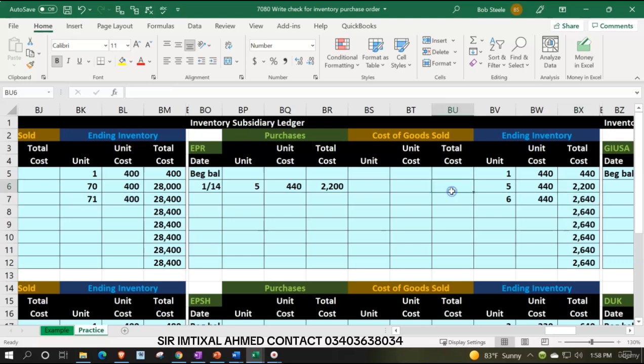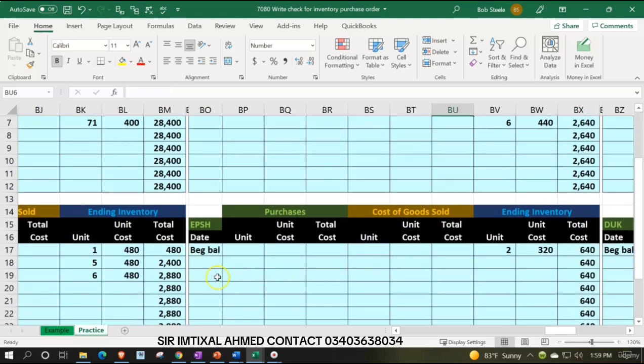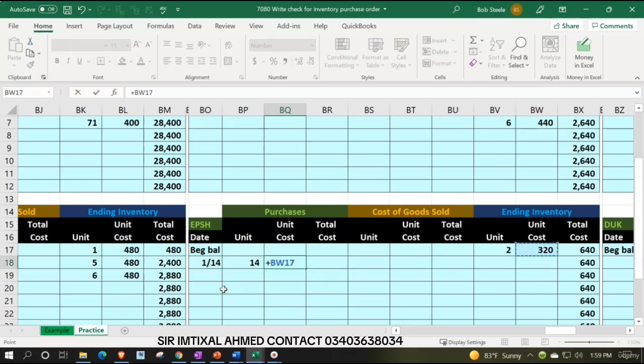And then finally, in this purchase, one more, we also purchased some of these EPSHs from the same vendor, which we're going to imagine is Epiphone. On 1/14, we purchased 14 of those at the cost, which is $320. So we're going to say 14 times 320, 4,480. Pulling that over into the ending inventory, what do we have in total then?